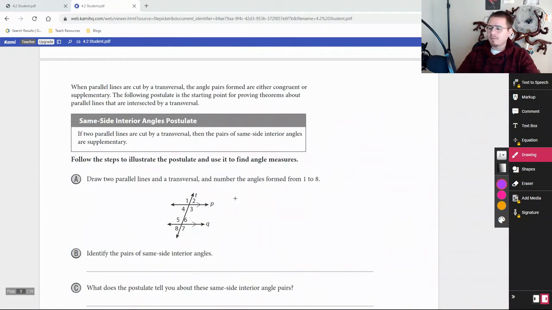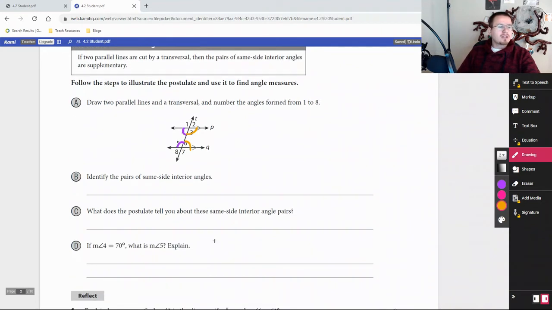So when you do this, let's find the pairs. I can see there's my transversal, there's my parallel line, so 4 and 5 are a same side interior angle pair, and 3 and 6 as well. What does the postulate tell you about these same side interior angle pairs?